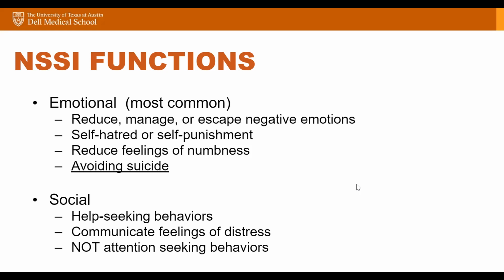This is actually not often the case. Actually, most youth who self-injure do a pretty good job at hiding the behavior. So whenever the behavior is discovered, it tends to be by accident, somebody catching a glimpse, a friend noticing something going on, a teacher noticing something going on. So most youth actually don't use self-injury as a way to seek attention from others, as opposed to some of the other reasons that we described here.